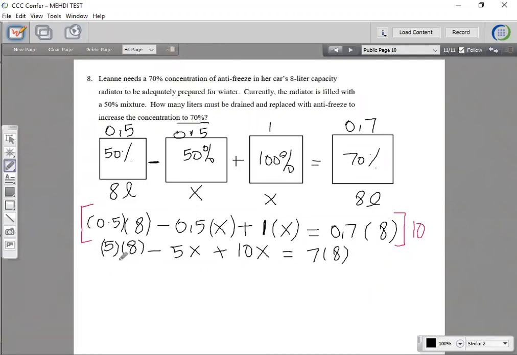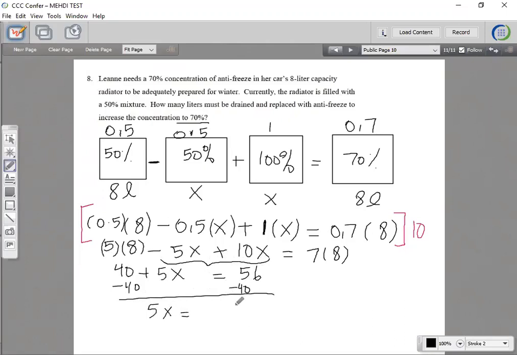So that gives me 40 minus, let's combine these two: 5x plus 10x gives me plus 5x, equal to 56. So if I subtract 40 from both sides of the equation, I get 5x is equal to 56 minus 40.